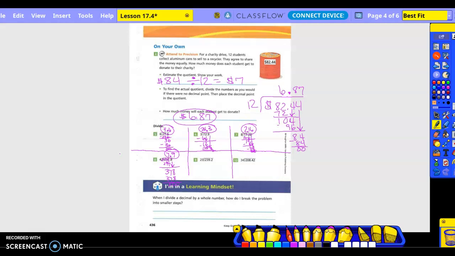7 and 9/10. Next one, are we dividing by a whole number? Yep, so we bring our decimal straight up. 23 into 23 is how many times? 1 time, minus 23. 0, bring down the 9. How many times does 23 go into 9?